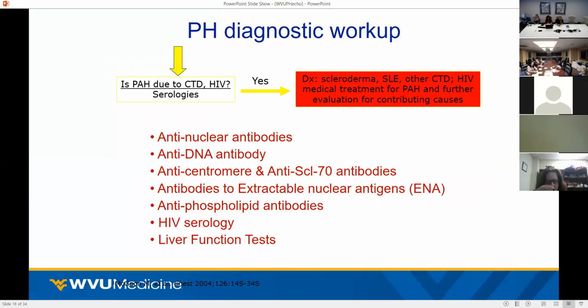I don't expect you to have to check these, because those can be done at our center or any other center, but you're welcome to check them. These are important to tell you what type of group 1 they have. If you think that's the cause, then checking it is certainly okay to do. Treating those underlying disorders is what's helpful, and a lot of times these patients need pulmonary hypertension meds. Next slide.